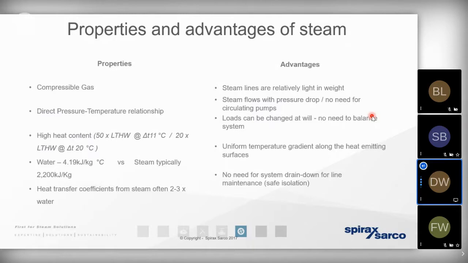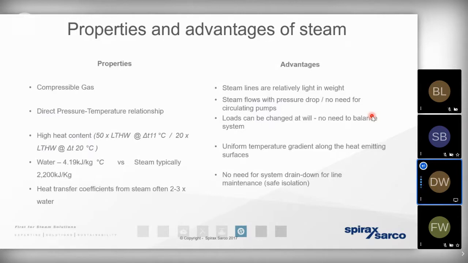And another condition of steam being a gas, well, we don't pump gas. Gas moves in accordance with the pressure drop around the network. So if we're generating steam at a high pressure in the boiler, and consuming the steam hundreds or thousands of meters away at a much lower pressure, the steam will move in accordance with the pressure drop. So what's the advantage there? Well, the advantage is we don't need pumps.